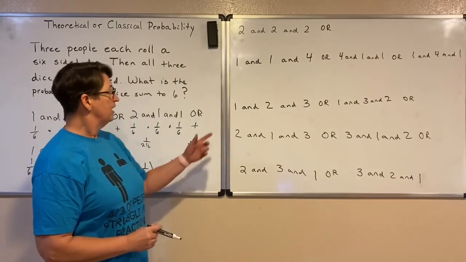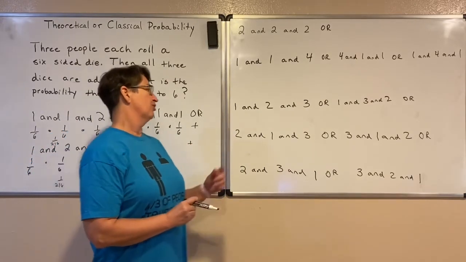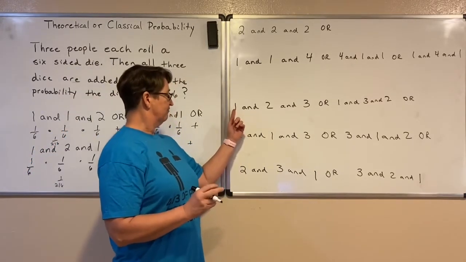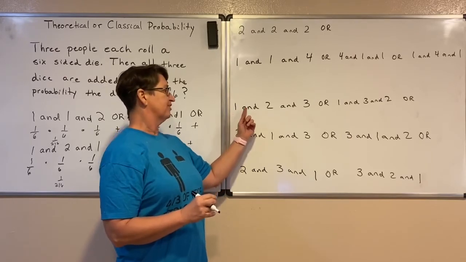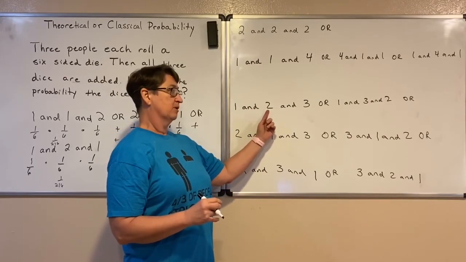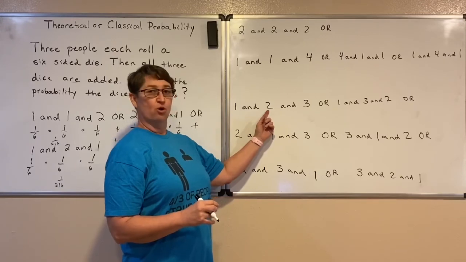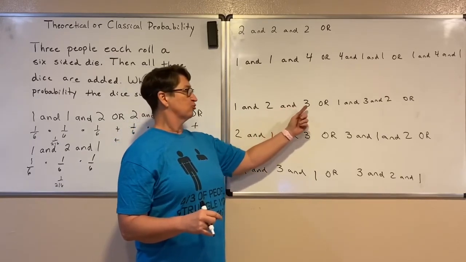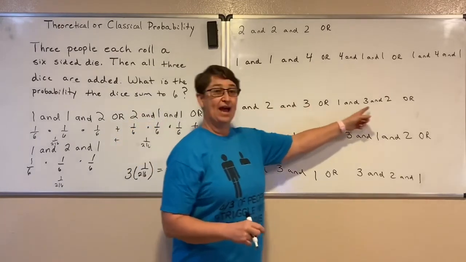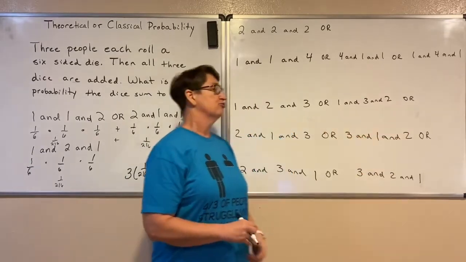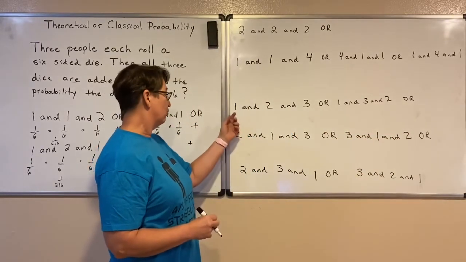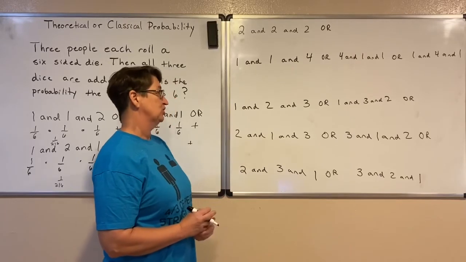So now, let's think about if there's any other way. Let's think about if the first one rolls a 1 and the second one rolls a 3, well, 1 plus 3 makes 4, then the last one would have to roll a 2. Oh, we already have that scenario there. So it turns out that we can't roll any other combination of 6.